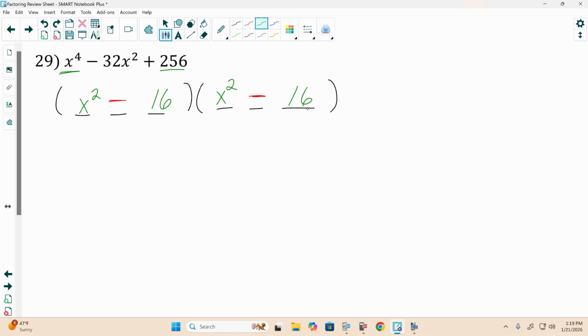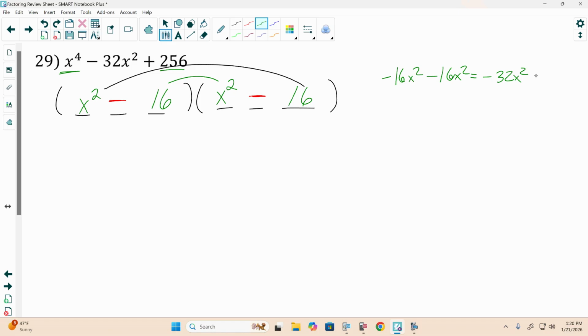There are a lot of factors of 256 we could write out. 16 and 16 is where we want to go, because x squared times negative 16 is negative 16x squared. Negative 16 times x squared would also be negative 16x squared, giving us negative 32x squared, yes?